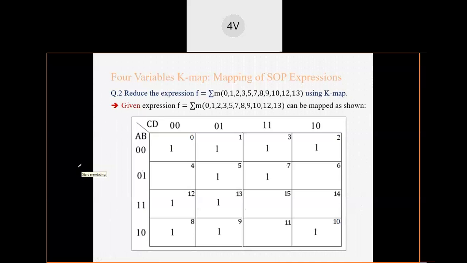Okay. And one quad is 12, 13, 8, 9, and the second quad is 0, 1, 8, 9. Then 0, 8, 1 and 3, 5, 13, 9.